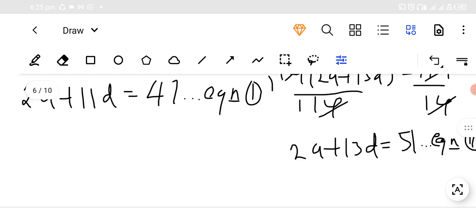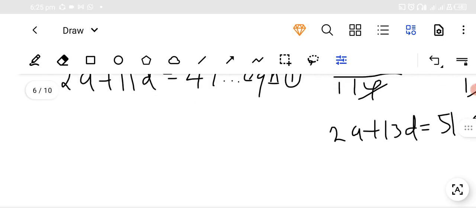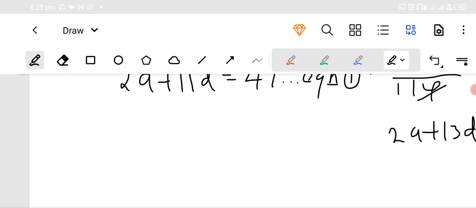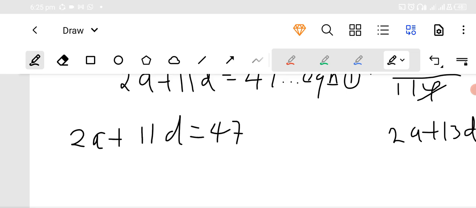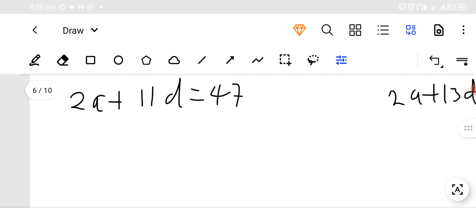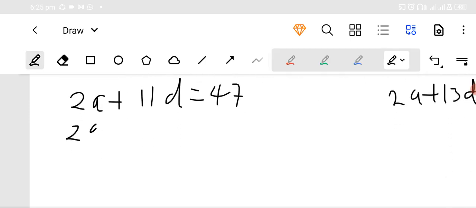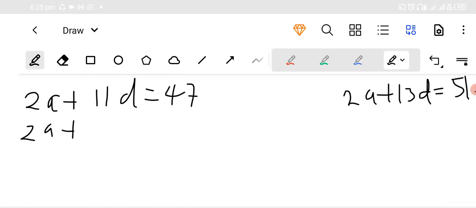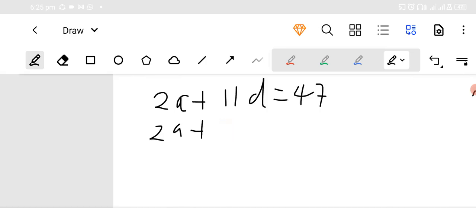So here we have 2a plus 11d equals 47. We solve them simultaneously. The best method is elimination, seen from the way they are set up. 2a plus 11d is equal to 47. Then 2a plus 13d, not 31, it's supposed to be 13d, is equal to 51.